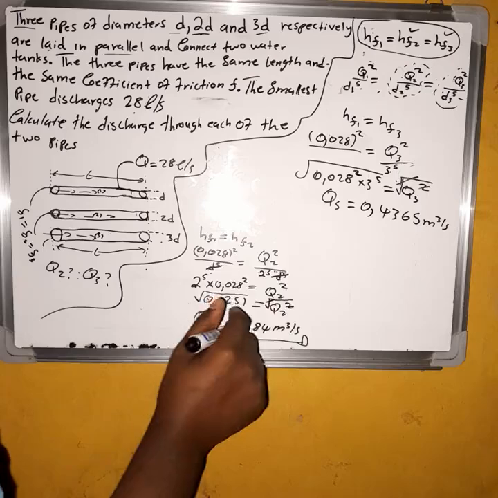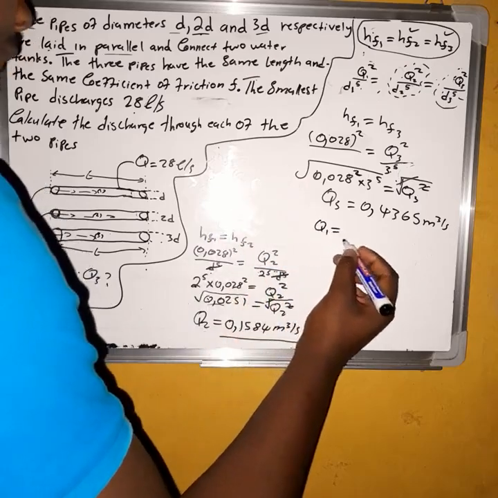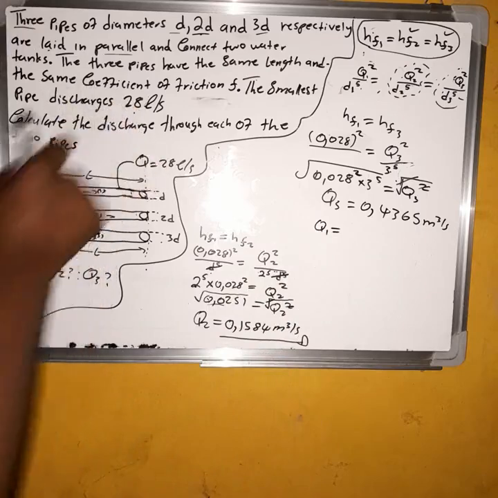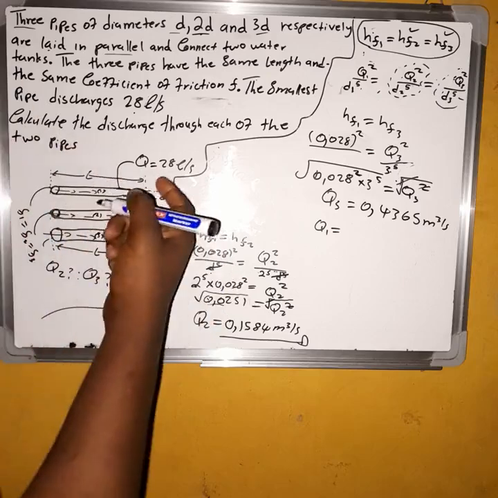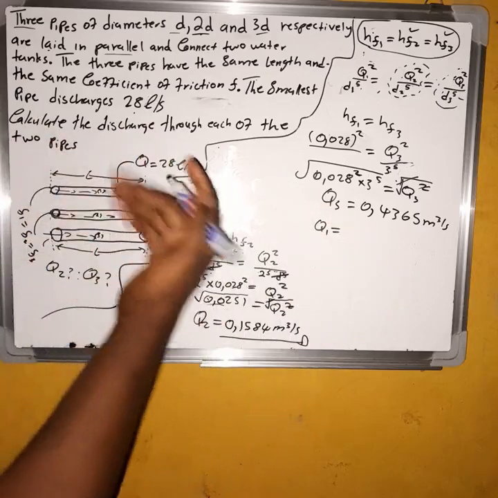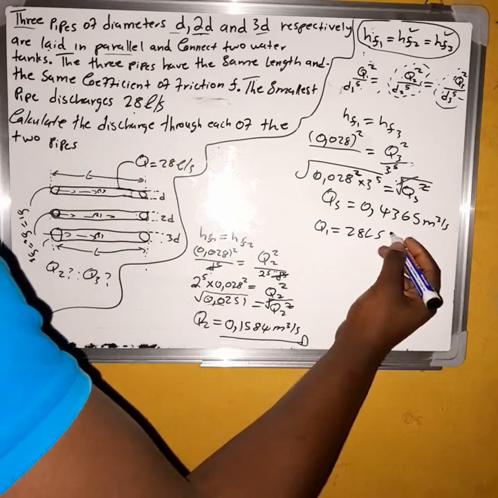Now we have all of them. Q1 we are given: Q1 is 28 liters per second.